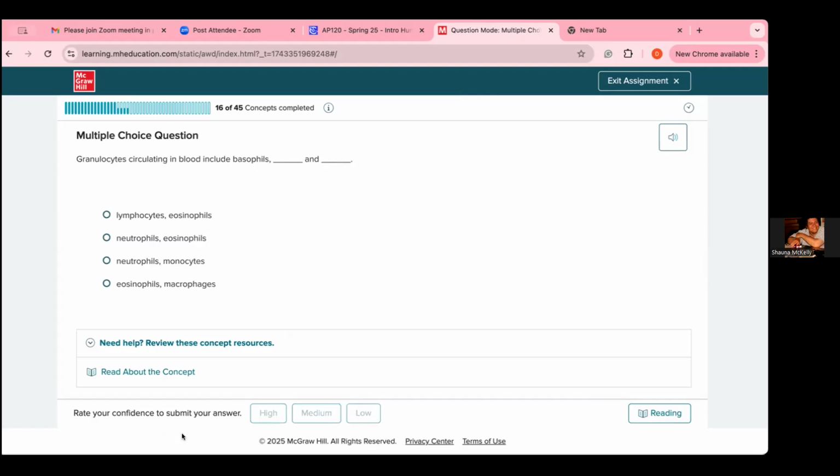Granulocytes circulating in blood include basophils, blank and blank.